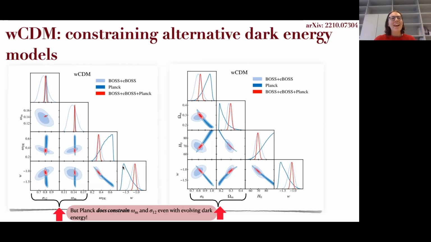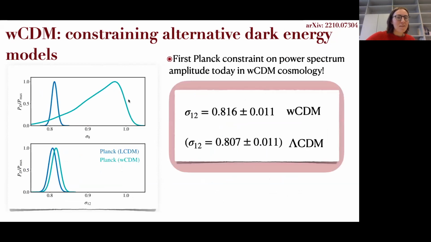Yeah, so this is an interesting discussion, but I think it's important to point out that a lot of the conclusions that I'm making actually are not super dependent on W, because as we see, Planck constrains sigma 12 perfectly fine, even when W is allowed to evolve.